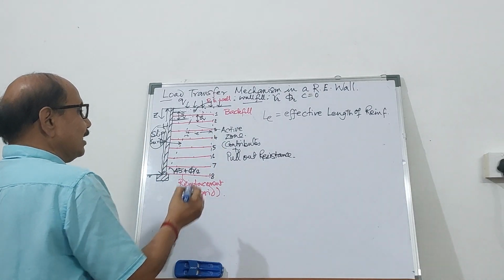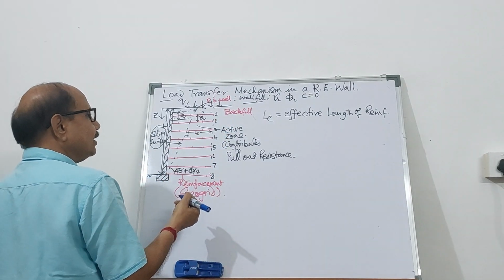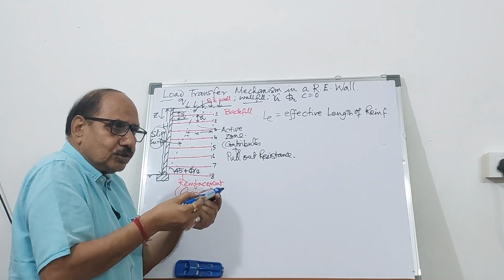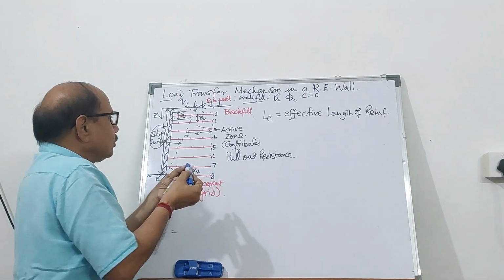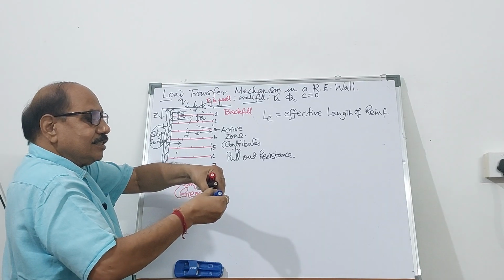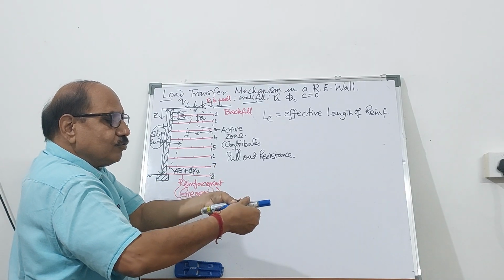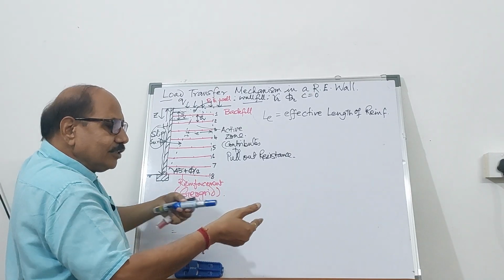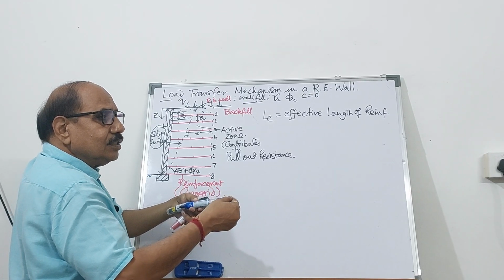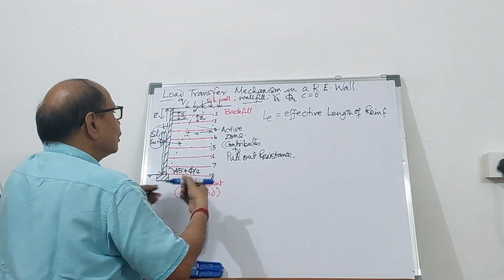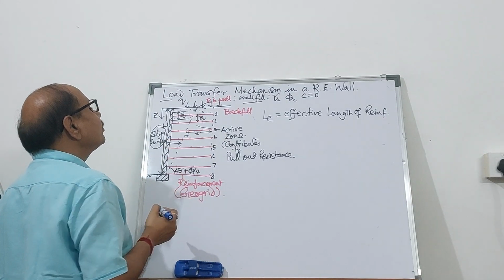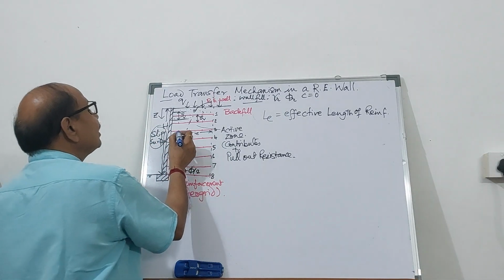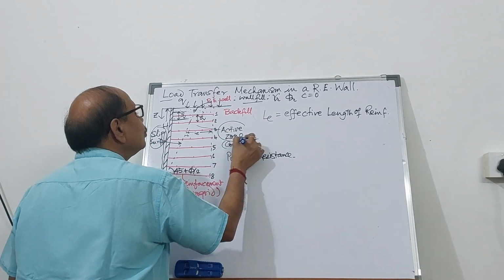Because tension is getting developed in the reinforcement. If the tension is getting developed in the reinforcement, it should not be pulled out. This is the reinforcing element, this is the geogrid, and this is the facial panel. The tension is getting developed. This should not be pulled out. So pull-out resistance will come due to the active zone.